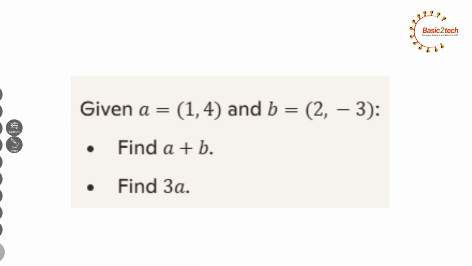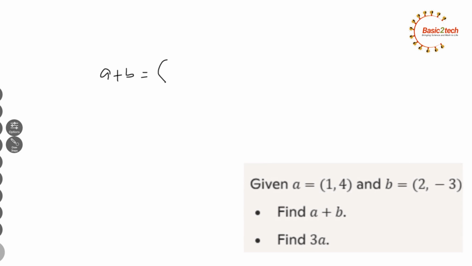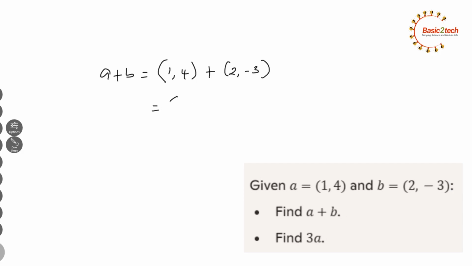For question 1, we are asked to find A plus B. What is vector A plus B? A plus B is equal to A, which is 1 and 4, plus B, which is 2 and minus 3. Remember, we add corresponding elements.